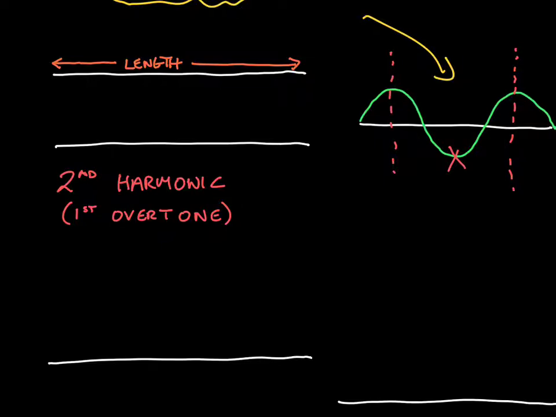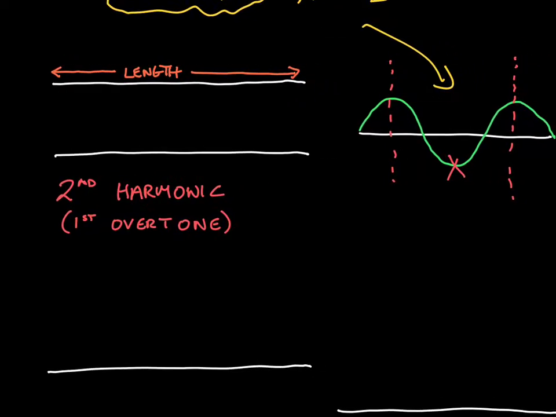And my goal now is to try and fit this pattern in the green into this column. So we've got the first one, that would be my first harmonic, of course, but we're chasing the second harmonic. So the second harmonic is going to look like that.